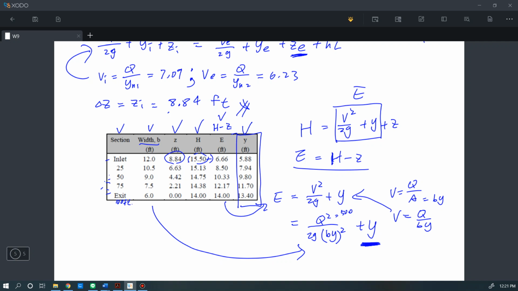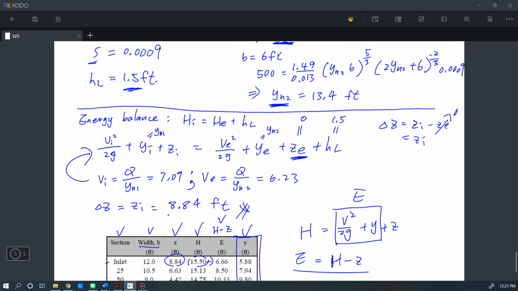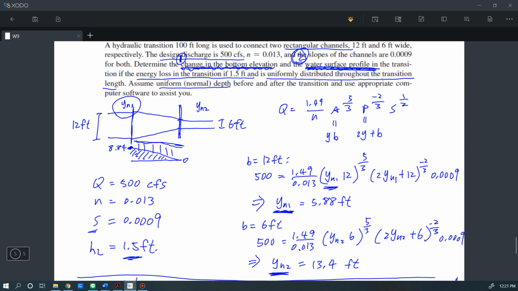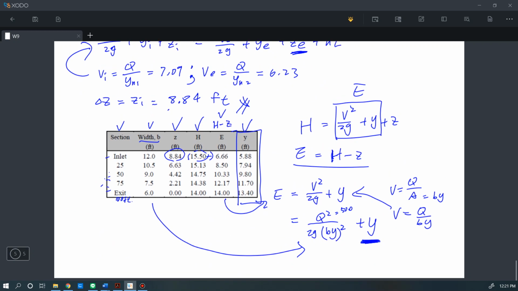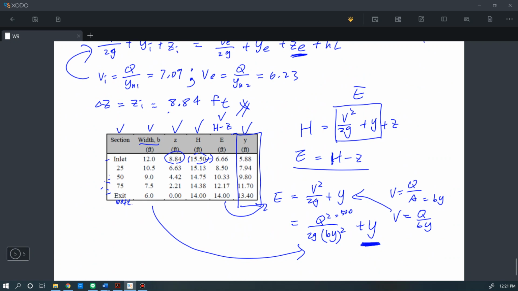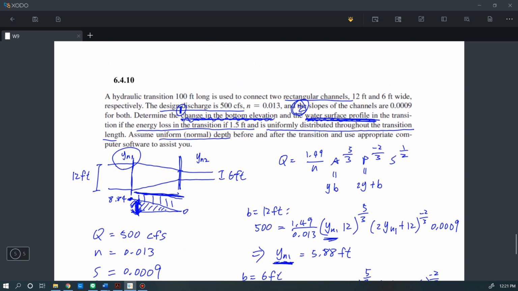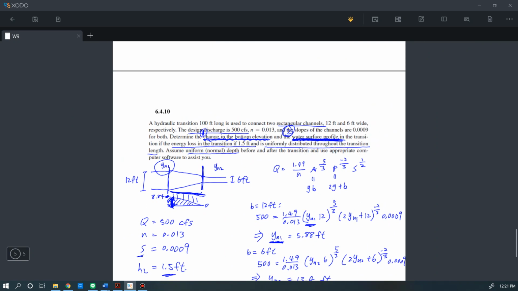And you can plot this profile onto the figure here. Then you get the water surface profile, because you still need to add this datum, I mean the elevation, to the flow depth that you solved using the specific energy. So you need to add this elevation here. Then you will get the final water surface profile for this transition section.